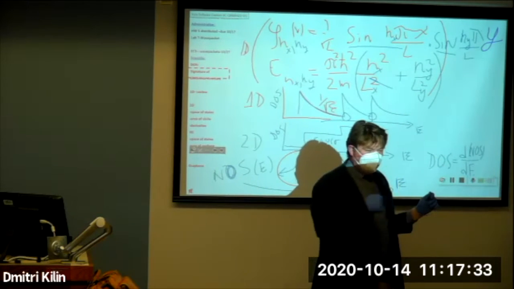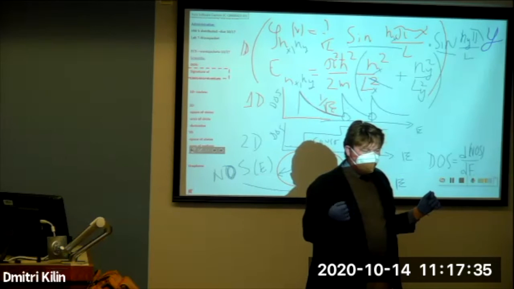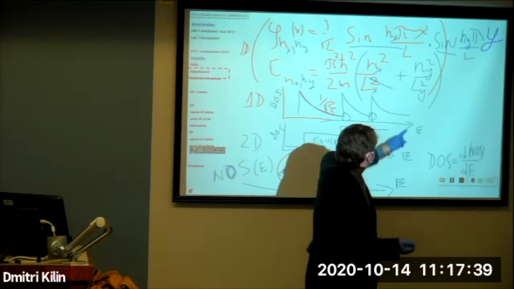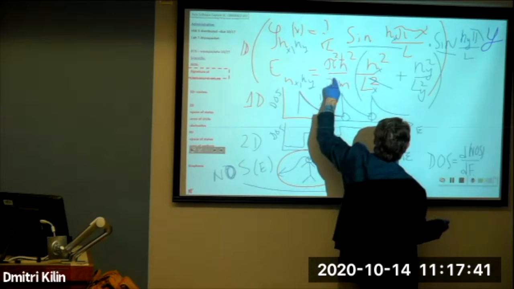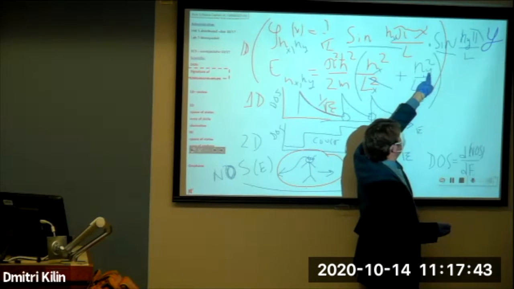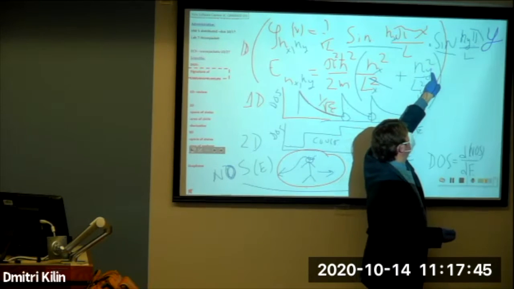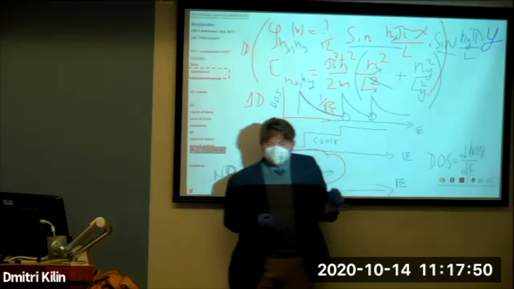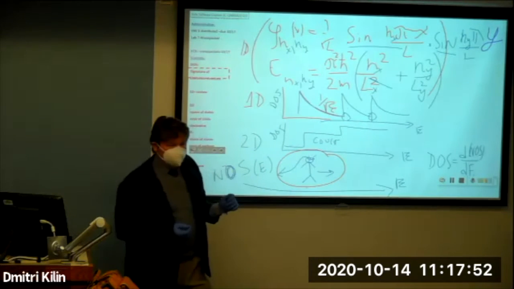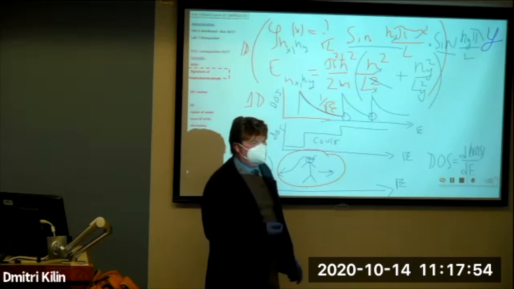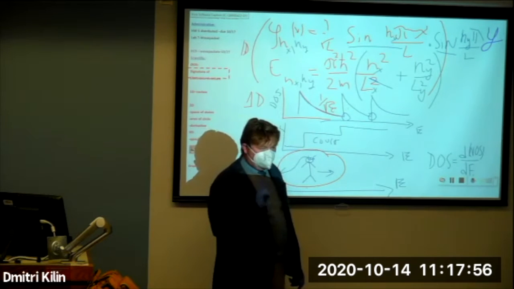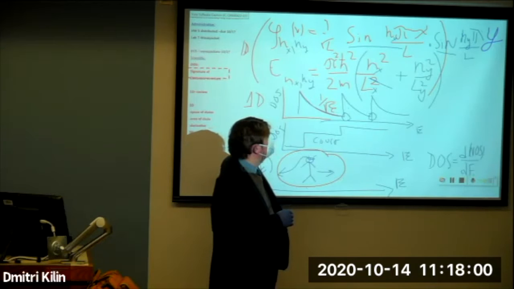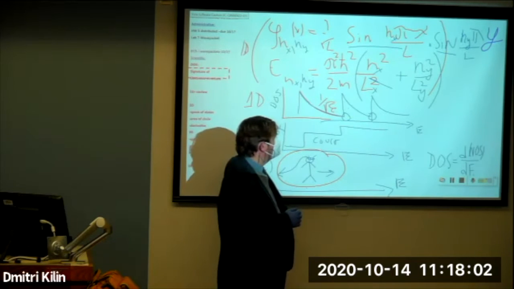If it moves additionally in the y direction, it will be just an additive energy, with the same constant up front, proportional to the square of ny. So the state of an electron in a two-dimensional box is determined by two quantum numbers. Energy is determined by two quantum numbers, and the wave function is determined by these two quantum numbers.